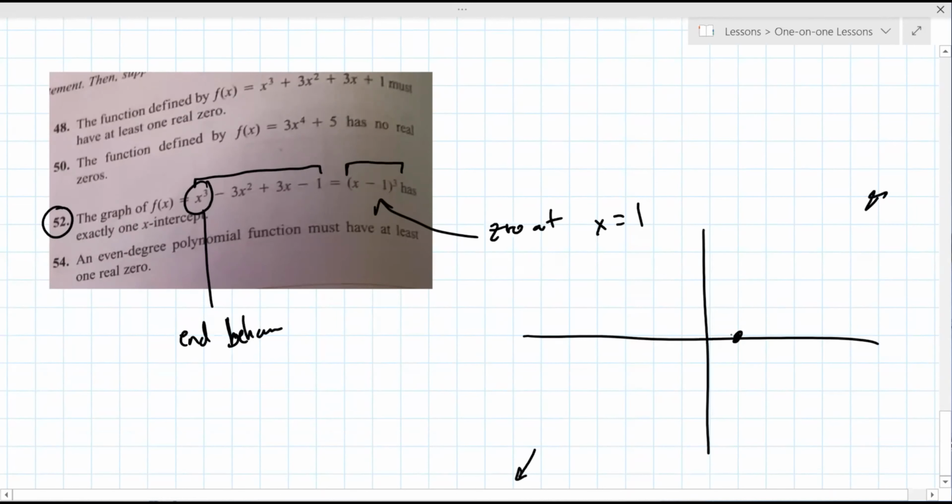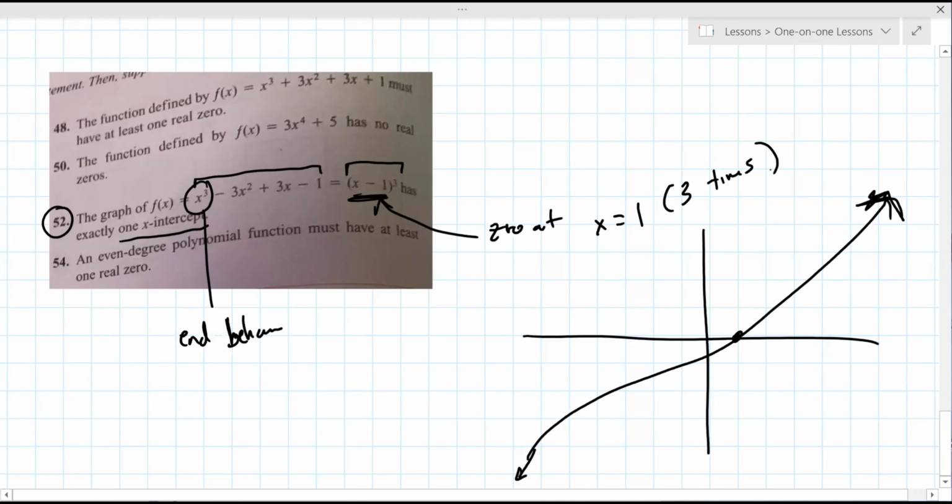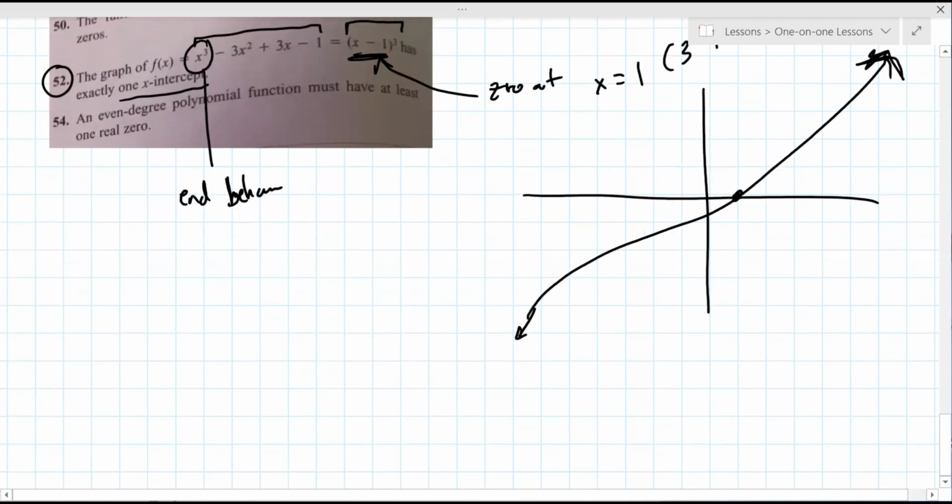Well, if it must go through this point, worst case scenario is it just does that. Does that have exactly one intercept? Well, it does, because this is the only 0 over here that's in factored form. It actually has a 0 at x equals 1 3 times. So there's kind of a built-in thing here.